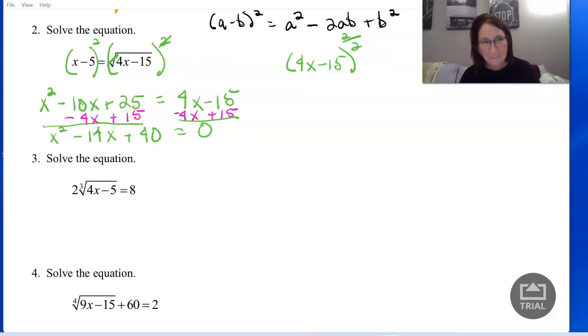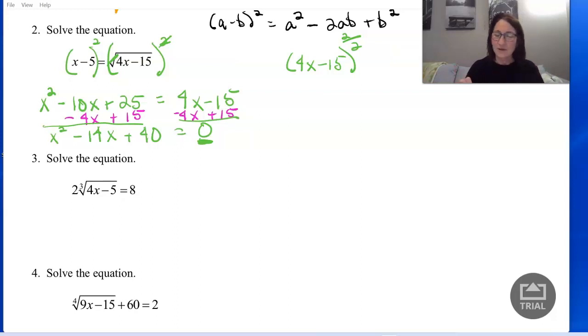Now, we all remember that when your highest exponent is a 2, then you have a quadratic, and in this case, it's a trinomial. So I can factor that, especially because on the right, I have a 0. That's how we solve quadratic equations.